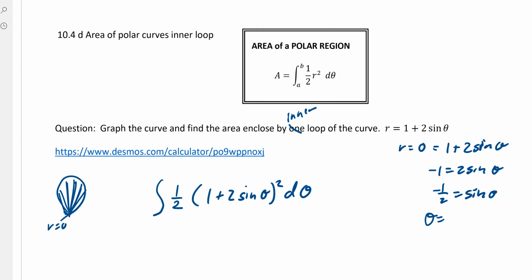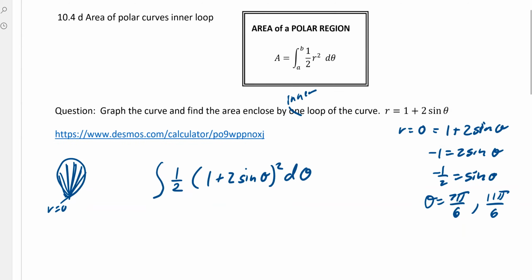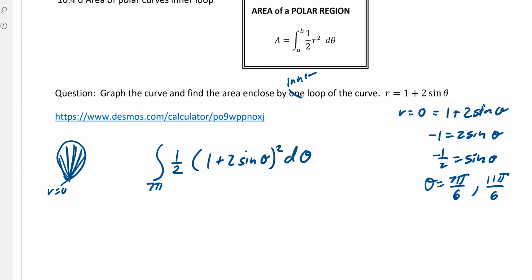So our theta is 7 pi over 6 for your quadrant 3 and 11 pi over 6 for your quadrant 4. Remember, it makes those two little inner loops. So if we go from 7 pi over 6 to 11 pi over 6, we'll get what we want. Now you can also go from 7 pi over 6 to 3 pi over 2, which would be that halfway point, or from 3 pi over 2 to 11 pi over 6. We're going to keep both of these.